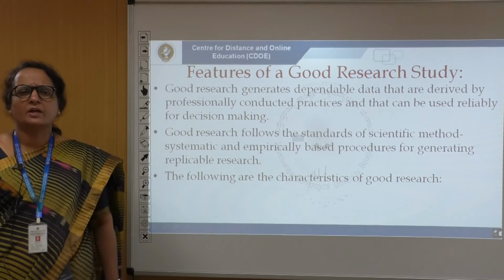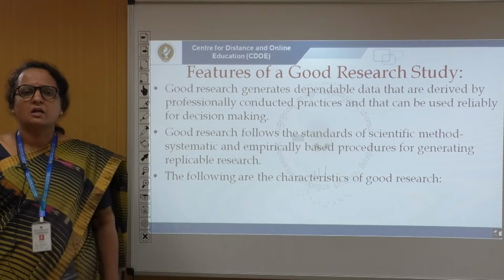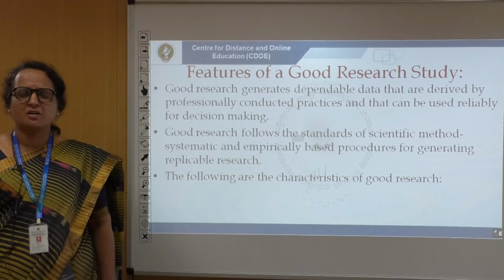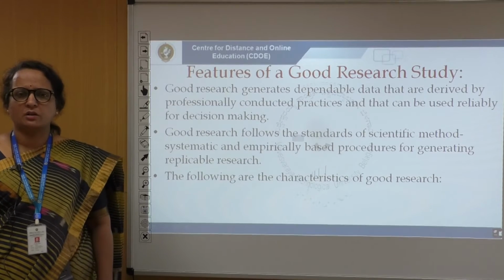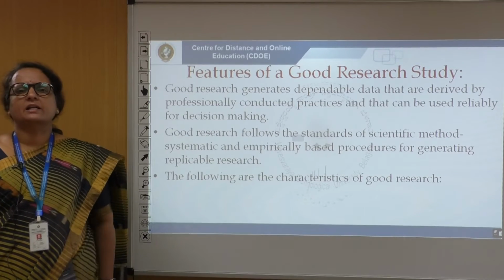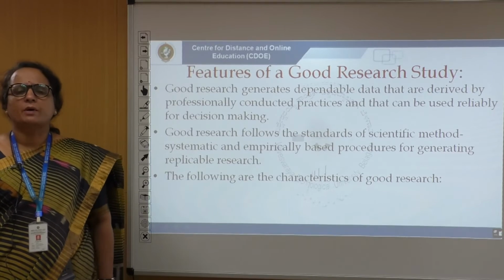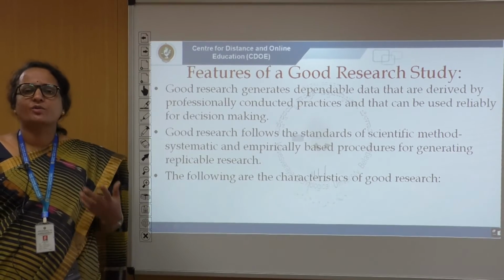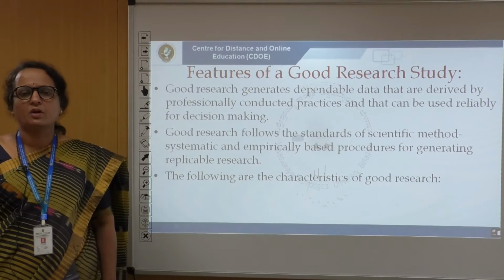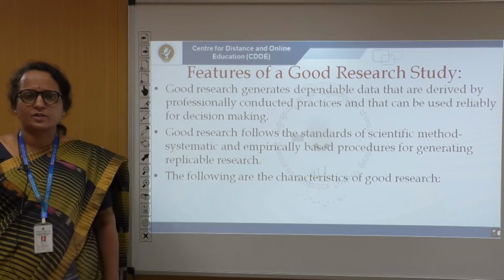For effective decision making, a lot of research studies are carried out, and a good research is one which generates dependable data, the data which is proof based or evidence based, and that data is collected by professionally conducted practices. So systematically, using all professional codes of ethics, data will be gathered, and such reliable data will be used for decision making. So that is one characteristic of a good research study.